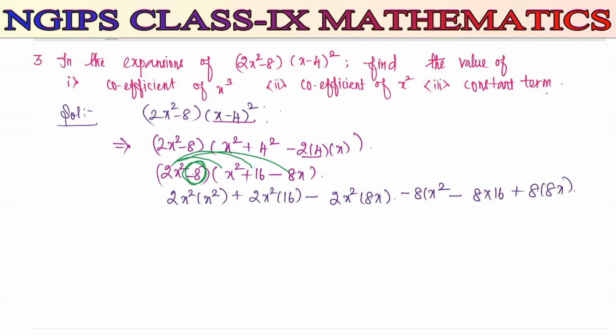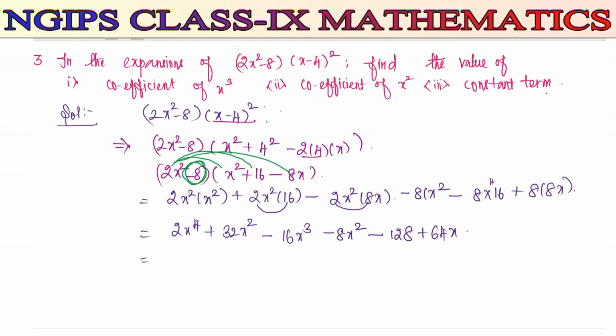Okay, now further if you simplify this, we get 2x power 4 plus 16 2s are 32, so 32x square, minus 8 2s are 16x cube, minus 8 into x square gives 8x square, minus 6 8s are 48, 4 remainder, 8 plus 4 is 12, plus 8 8s are 64x. Here we are going to arrange it in ascending order.